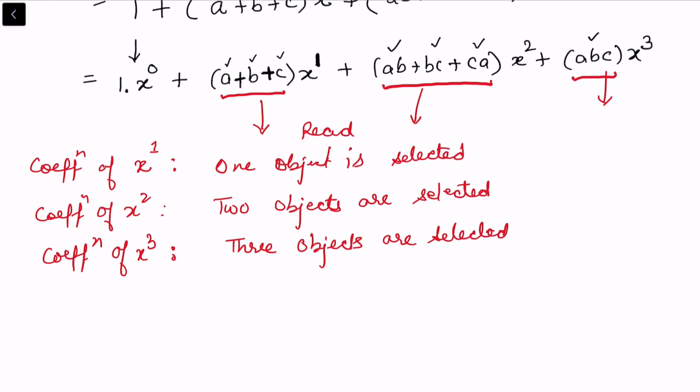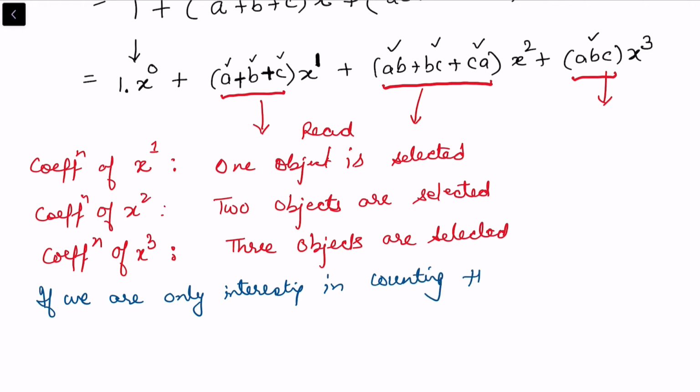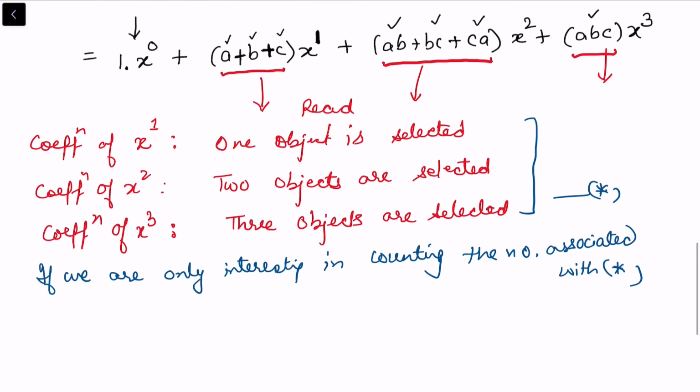Now suppose we don't want to know the relevant cases, and we are only interested in counting the number. What I mean is that I simply want to know the coefficient of x to the power 1, or when one object is selected, what is the coefficient.